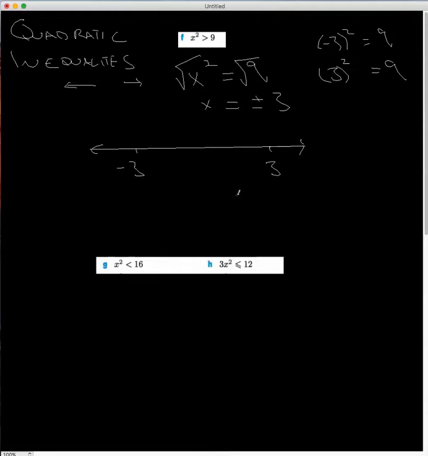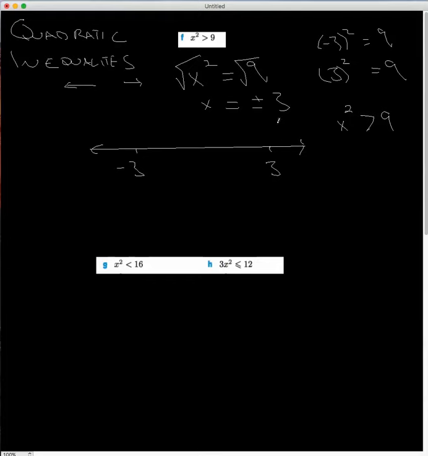So to figure this out, we can take our original inequality, x squared, which is greater than 9. And then you can choose a point anywhere on your number line. If it's true within the space negative 3 to 3, then we're going to draw a line within here.